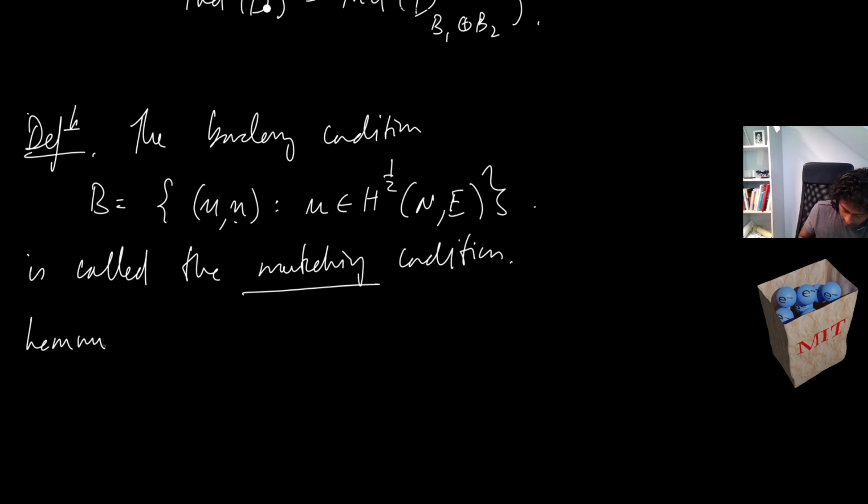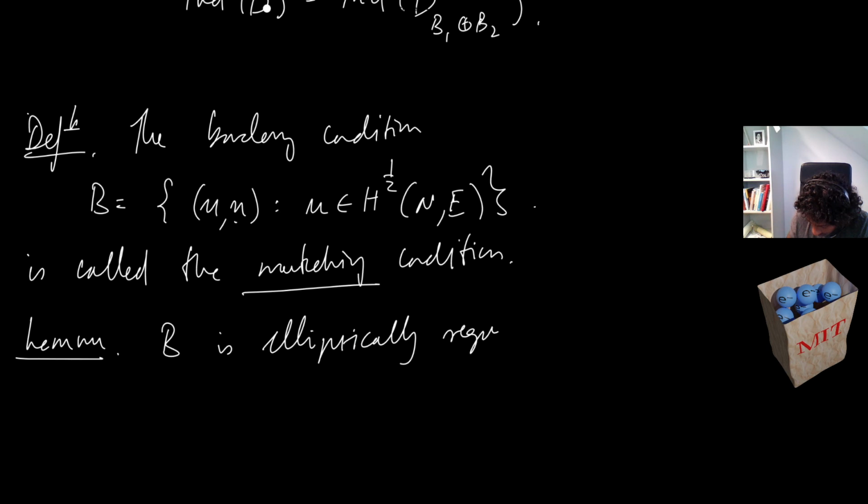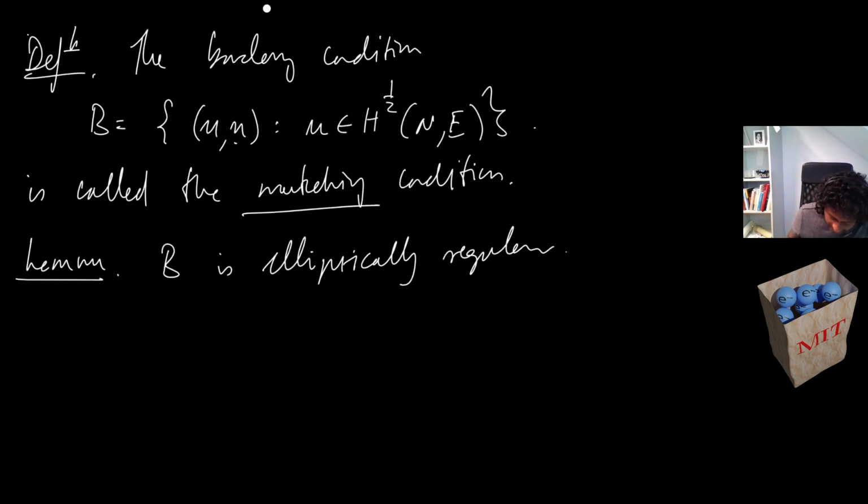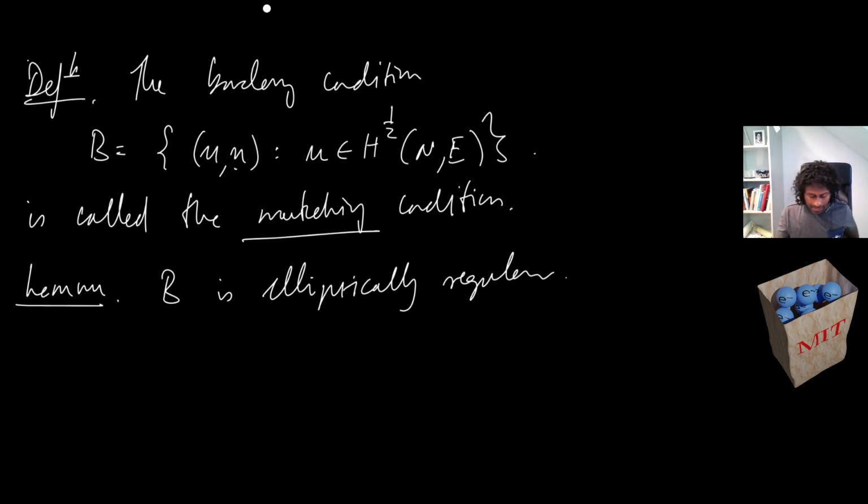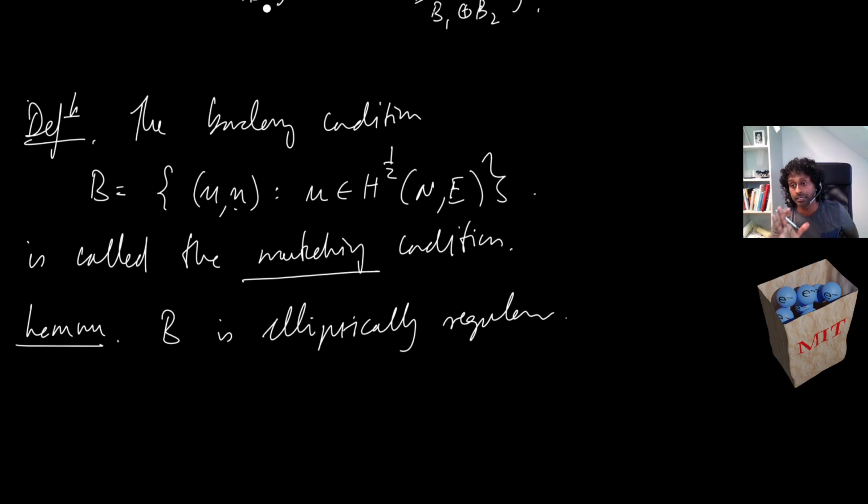Okay. Lemma. So this is for the setup that we have. Lemma: B is elliptically regular. Okay, so how do we see this? So actually the matching condition certainly doesn't require us to have a self-adjoint adapted operator.